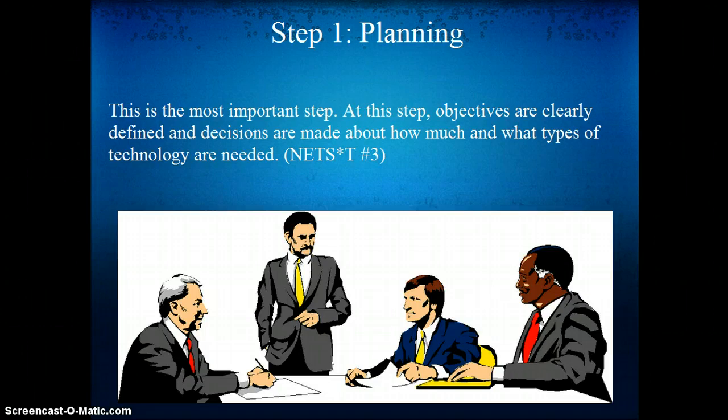And this relates to NETS for teachers number 3, which says teachers exhibit knowledge, skills, and work processes representative of an innovative professional in a global and digital society. When they're planning their projects and things, they need to be aware of what technologies are out there, how to effectively use those technologies, and how to help their students build their knowledge of the technology as well.